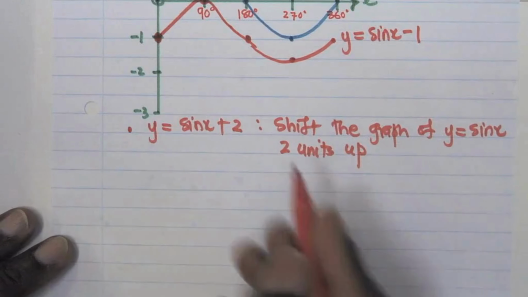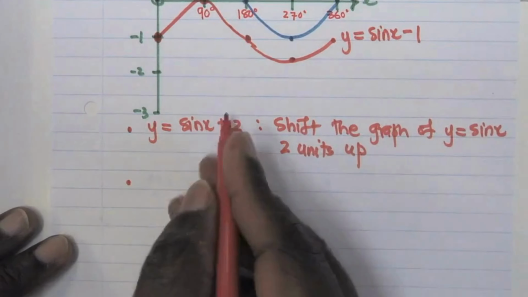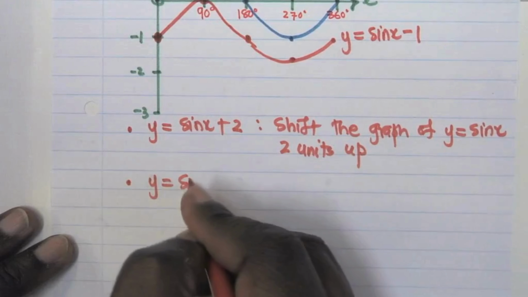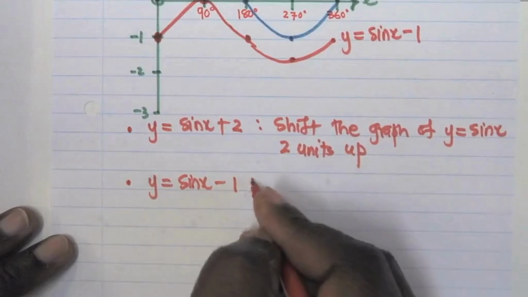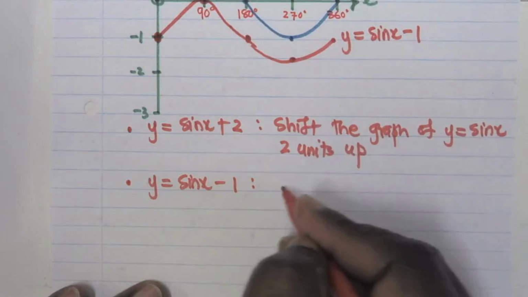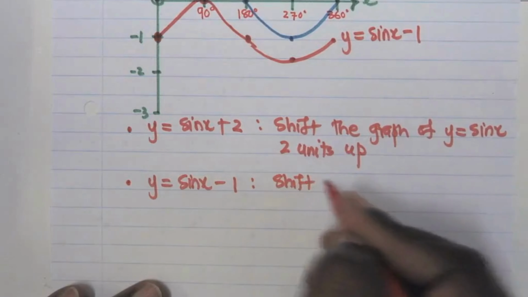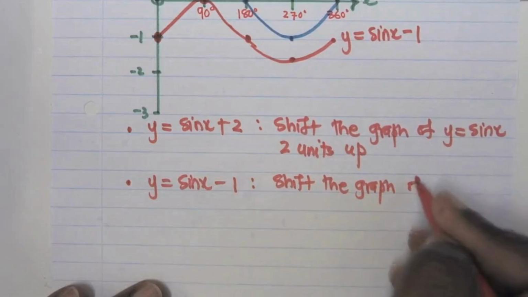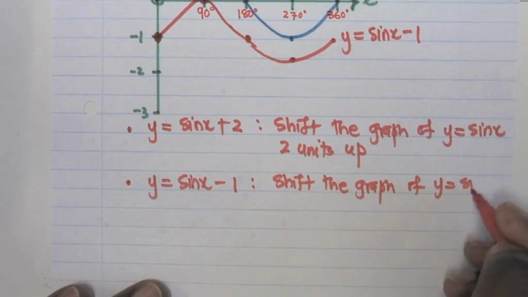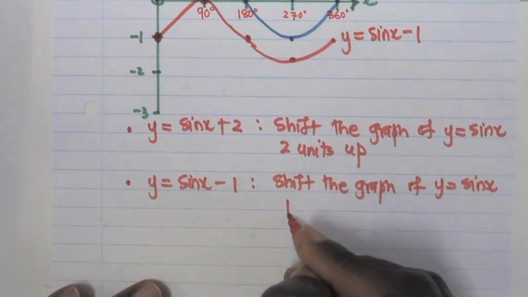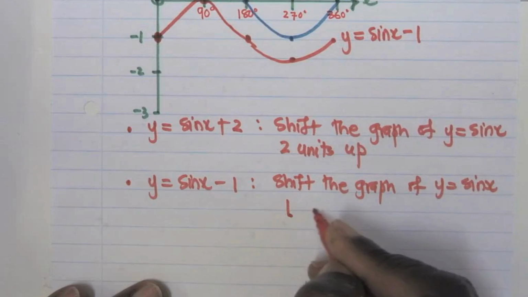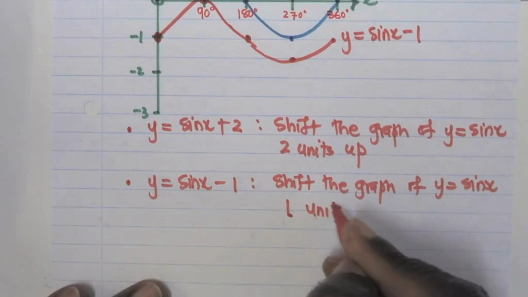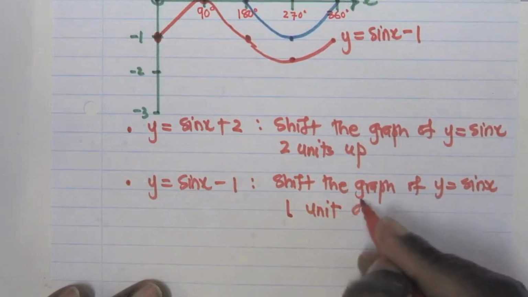And then for the other graph, y is equal to sin x minus 1, shift the graph of y is equal to sin x 1 unit down.